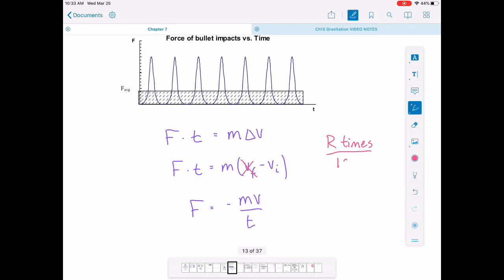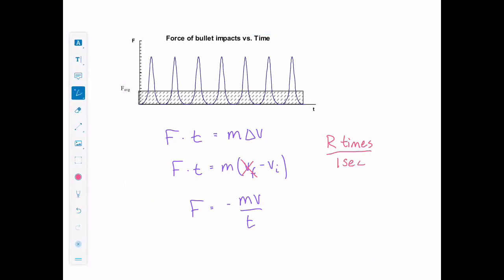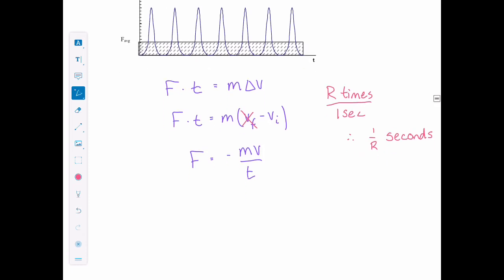per 1 second. If I want the time, then that means that we know it goes 1 over r seconds per time. So essentially, if it's 4 per second, it's a quarter second for 1. Does that make sense? Hopefully.